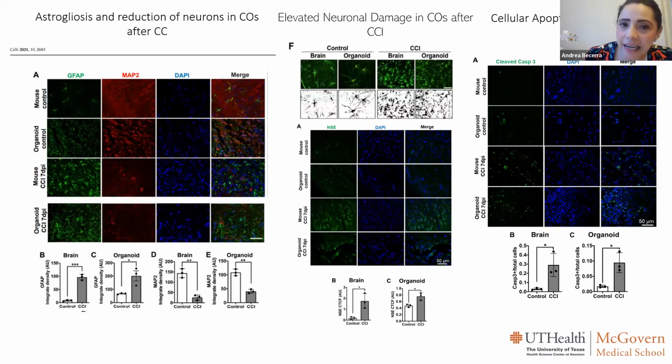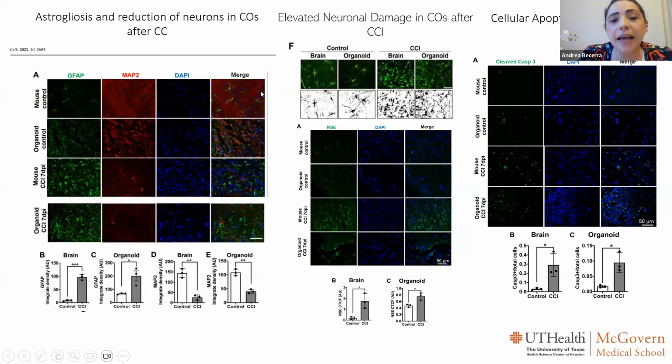This is a signal of cellular stress in the brain, because gliosis means that there are pro-inflammatory factors in the brain. So we saw, compared with the traumatic brain injury in a mouse model, that there is an increase of GFAP, as in the mouse brain, and also a decrease of MAP2 levels. MAP2 is a marker for neurons.